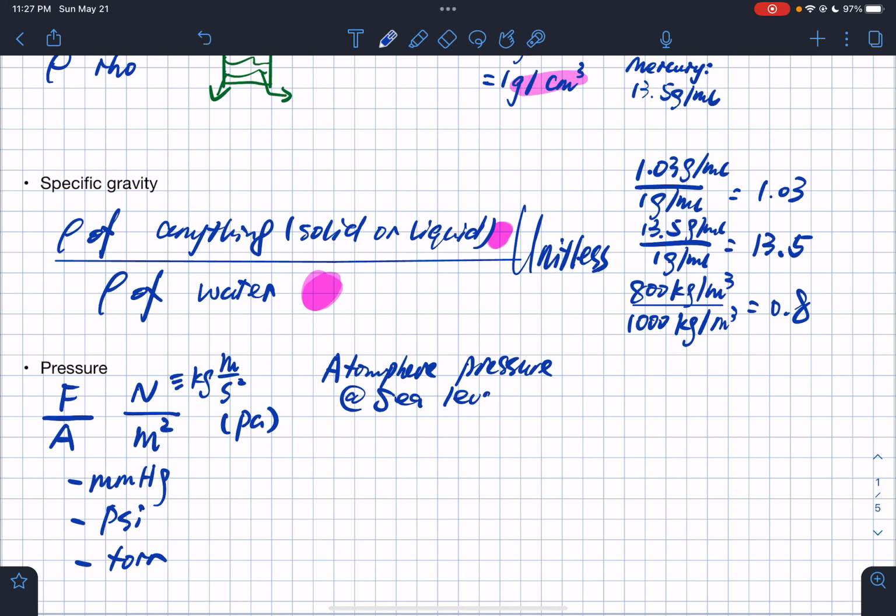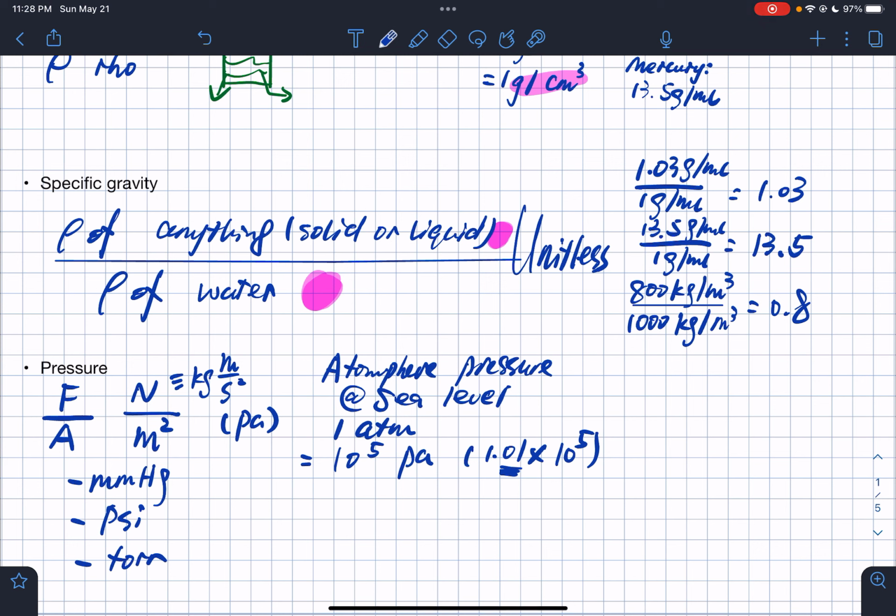So the most famous one is 1 ATM, right? And that equals how many Pascal? It's 10 to the fifth Pascal. Technically it's 1.01 times that, but on MCAT we can just use 10 to the fifth.